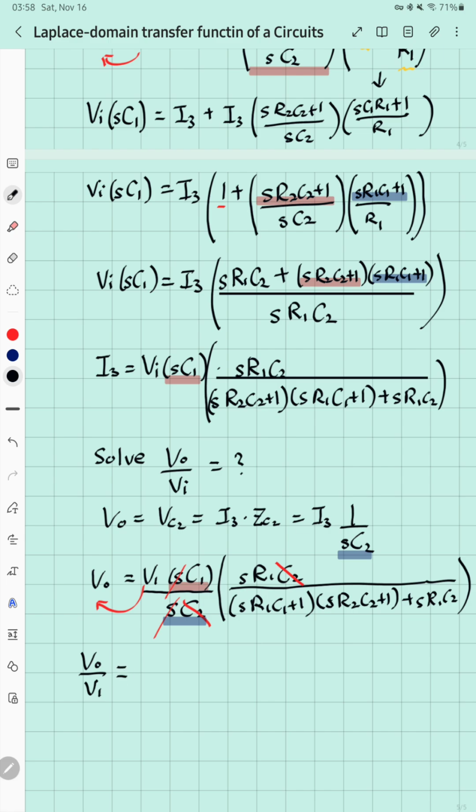So V out over V in, since this one goes over here, equals, now we gather everything: S R1 C1 over S R1 C1 plus 1, times S R2 C2 plus 1, plus S R1 C2.